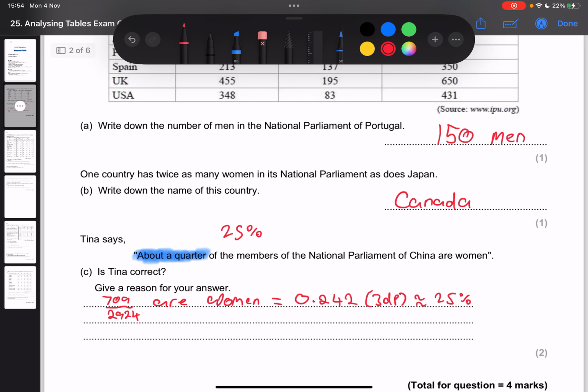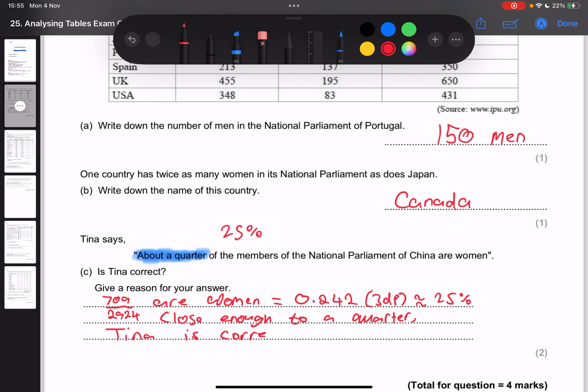Or not even approximately, but is around 25%. So we're just going to go with close enough to a quarter. So who are we on about? Tina. Tina is correct.